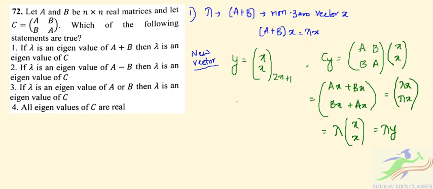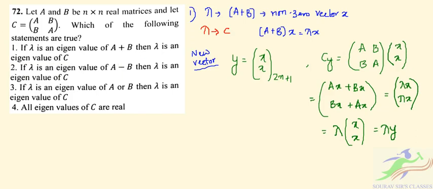So if lambda is an eigenvalue of A plus B, then lambda is also an eigenvalue of C. So option 1 is correct. It's a true statement.